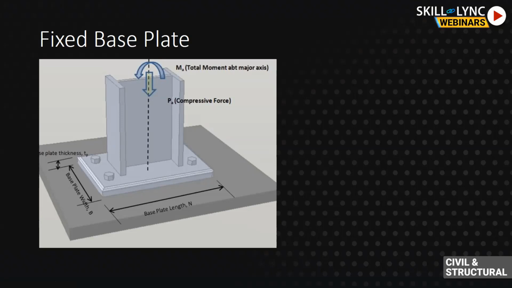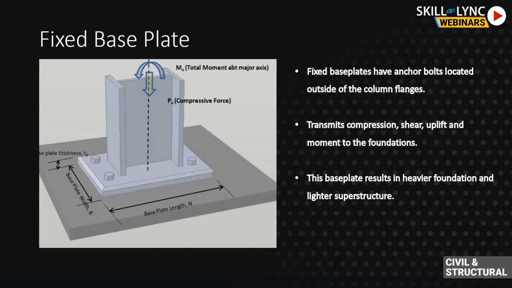The salient feature of the fixed base plate is that the location of the anchor bolts has to be outside the column flanges. This ensures that there is a sufficient distance between the two bolts, which increases the lever arm between the two bolts, which increases the moment resistance capacity. Let us look at the characteristics of a fixed base plate. As we discussed before, fixed base plates will always have anchor bolts located outside of the column flanges.